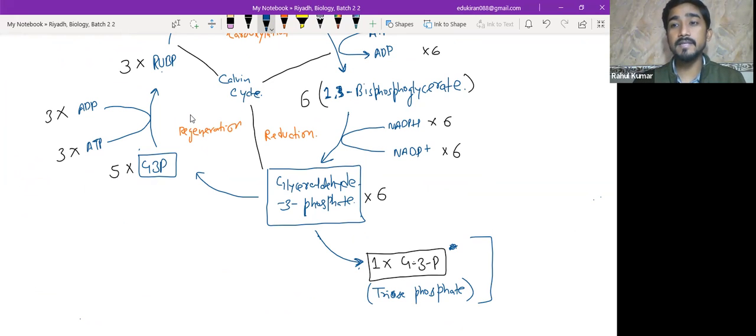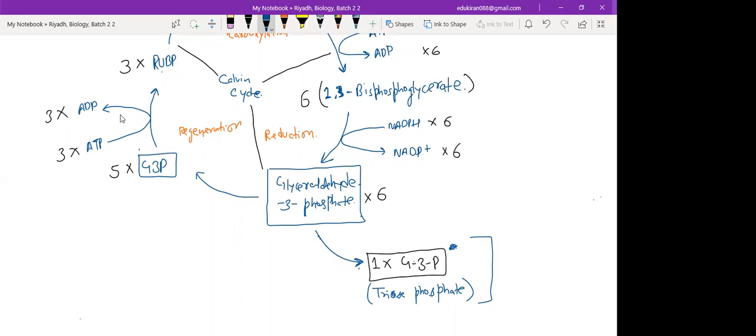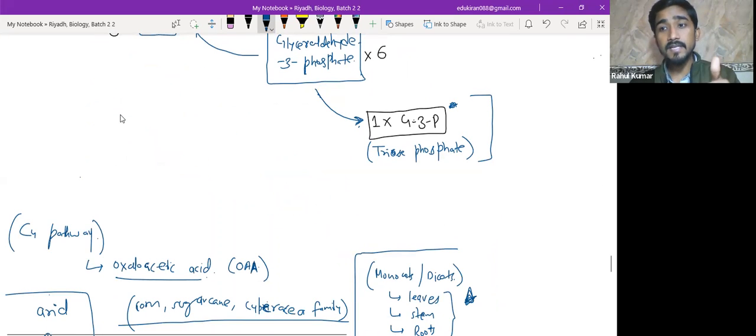It makes memorizing easy when you have a story to tell, right? Yes, sir. Okay, so please do revise it. C3, C4 pathway, photorespiration, and Calvin cycle are very important topics for your entrance and also for boards.